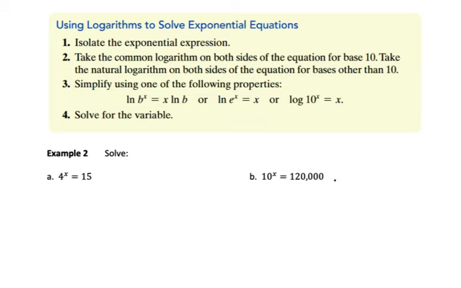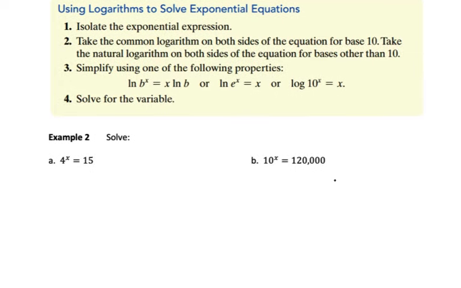Then we take common log on both sides if the equation has a base of 10. We use natural log for bases other than 10, especially base e. We want to use natural log. This is what the book says. You could use common log for a base other than 10 as well. It doesn't really matter that much, but I'm going to follow the process that matches what the book does.